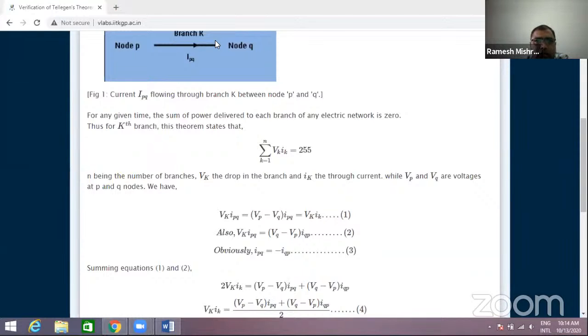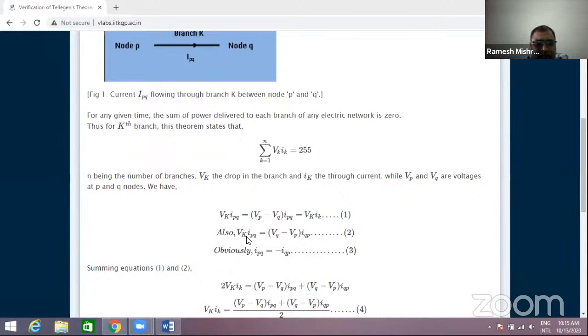It is the voltage of node P and the voltage of node Q. So the total branch voltage is equal to Vp minus Vq. So we can write Vp minus Vq into the total current Ipq. Now in generalized form, you can write Vk into Ik for the number of branches given in the circuit.